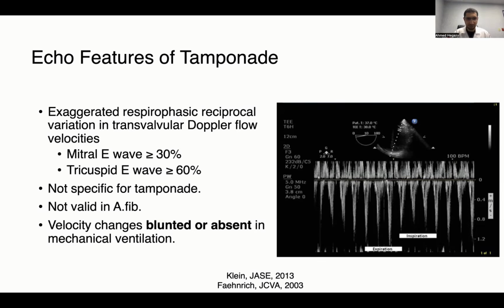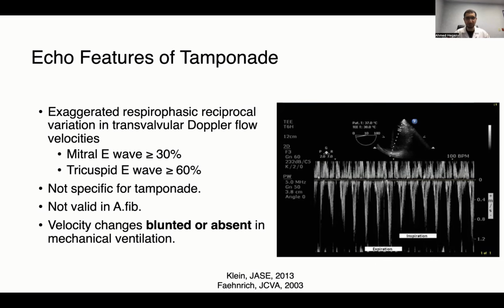You will see this variation in filling in patients with atrial fibrillation because they usually have variable filling times. And so this is not a valid sign in patients with atrial fibrillation. This exaggerated respirophasic variation in mitral and tricuspid E wave velocities is usually blunted or absent in mechanically ventilated patients.